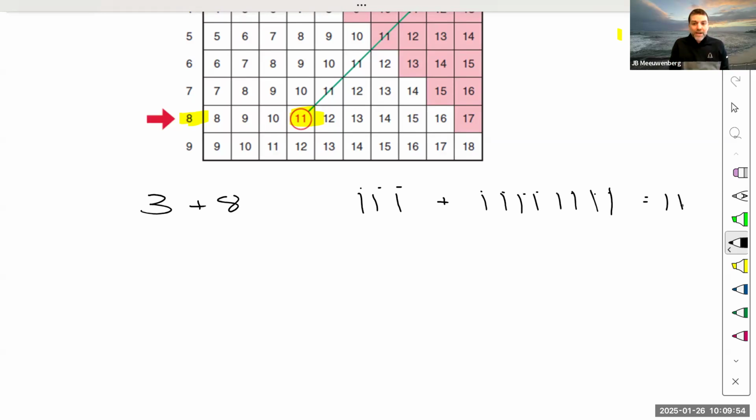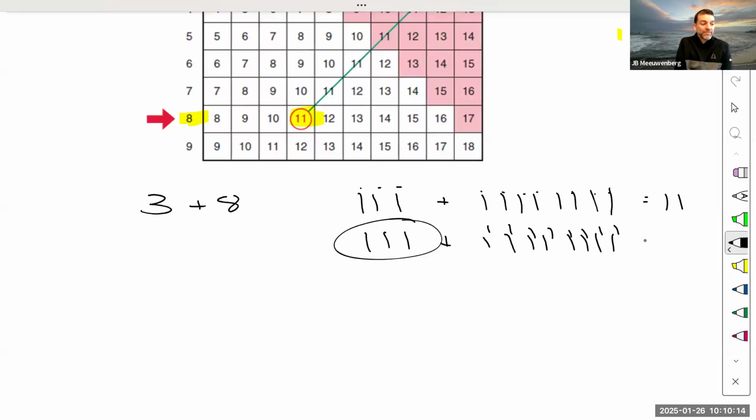Another strategy that students used is still similar, but it's called counting on. So they start with the first group and say, okay, I already know I have 3. And if I need to add 8 to that, 4, 5, 6, 7, 8, 9, 10, 11.